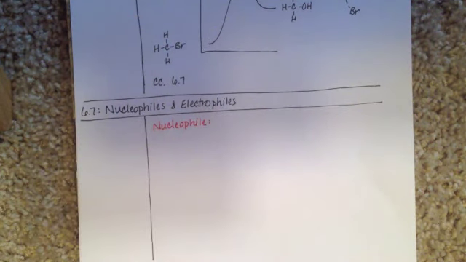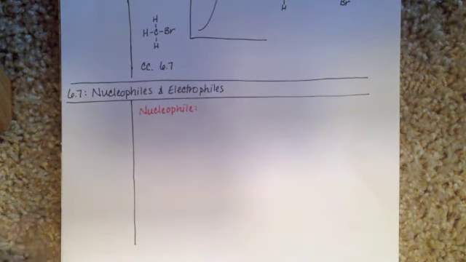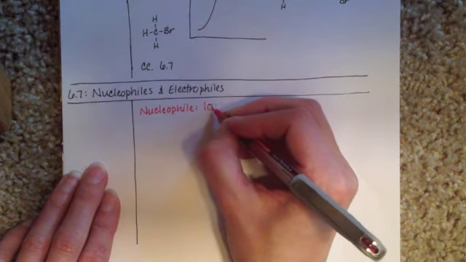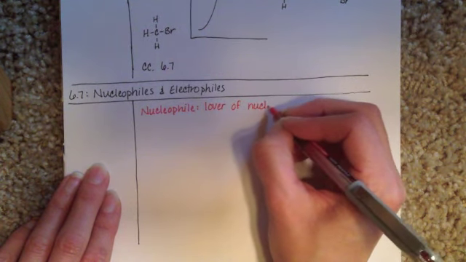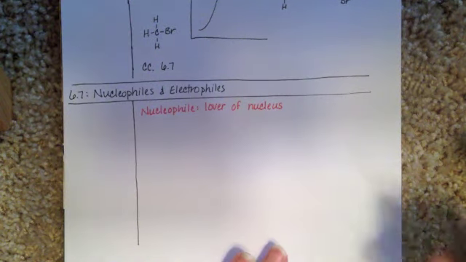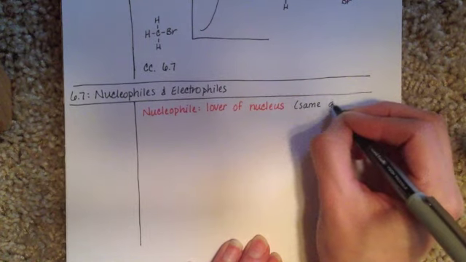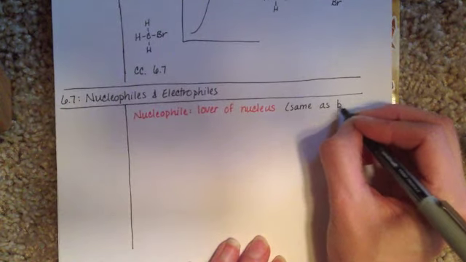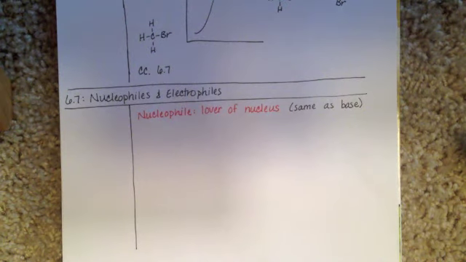A nucleophile, just from its name, nucleophile means nucleus lover. A nucleophile technically is the same thing as a base. It's a compound that is seeking out a positive charge.